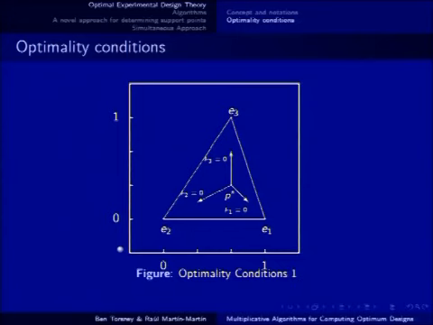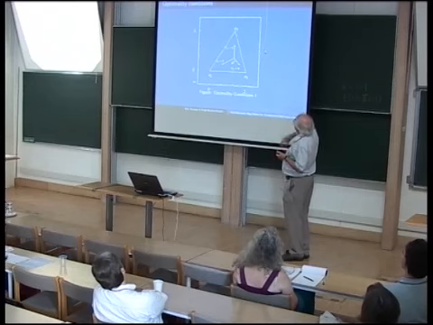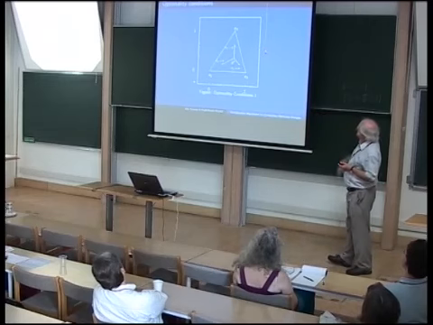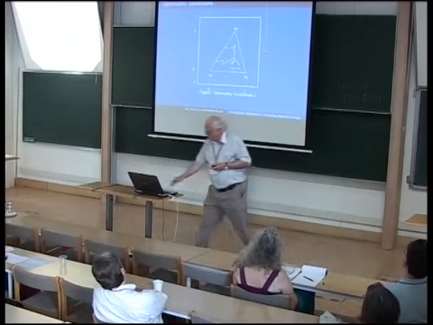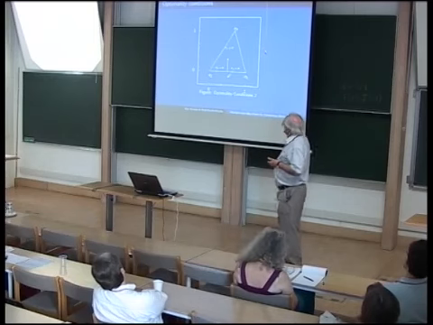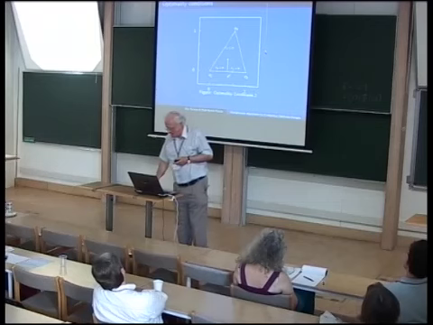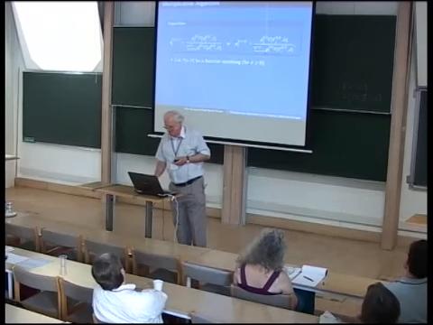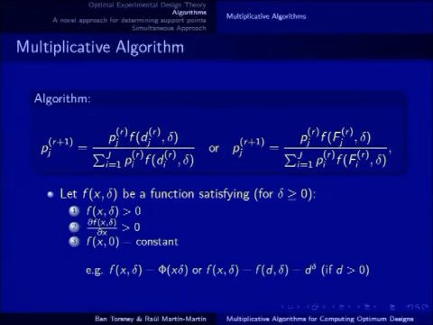If all 3 weights are positive, then we're saying the partial derivatives, or the directional derivatives towards the 3 vertices, should be 0, whereas if we are on one of the boundaries, then 2 of the derivatives, those looking towards E1 and E2 in this picture, should be 0, but the third one has to be negative. So I think it's a nice generalization of standard optimality criteria.